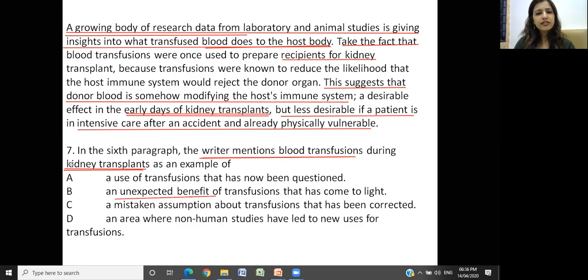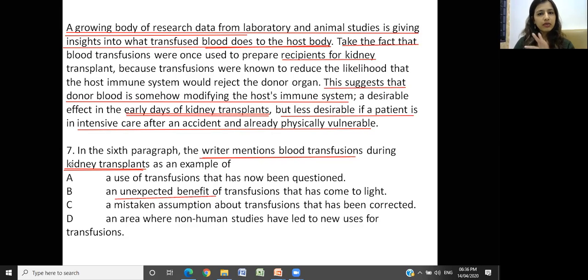So the whole passage is not about kidney transplant or blood transfusion in kidney transplant. We are looking generally at the benefits and drawbacks of blood transfusion. And by now, you know that he's mainly focusing on the negative impacts of blood transfusions, isn't it? Right from the third or fourth paragraph, it started being more about the negative impacts of blood transfusion.